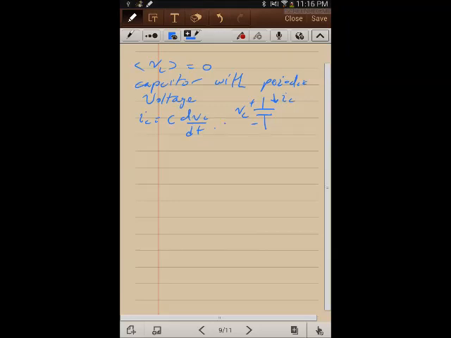If VC is periodic, then the average power across the cap is also 0. And the average current moving through the cap is also 0.